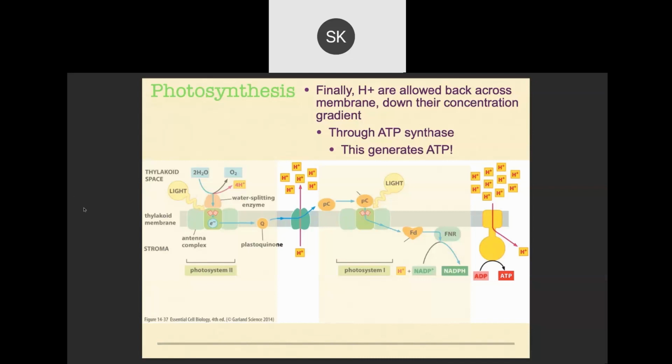As we see here, we have 2 molecules of water, and we release 2 oxygens in the form of O2, and we release 4 protons. Then we have 1 electron, which is taken and given that light energy, and that same electron goes all the way through, and then it's re-energized in the second antenna complex during photosystem 1.